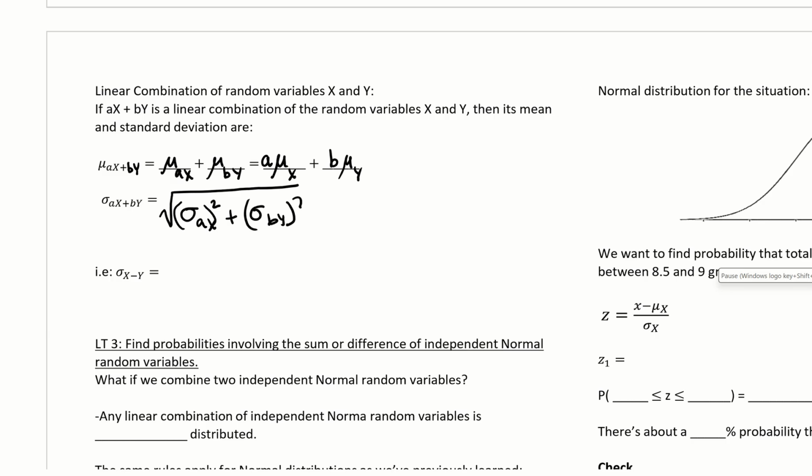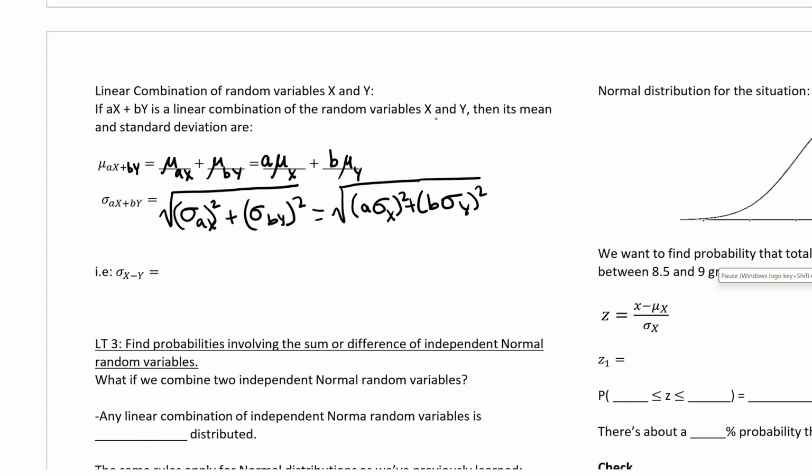We have to do the sum of those, just like we did earlier in the check. But then what does a do? Since a is being multiplied and b is being multiplied, remember that the standard deviation is affected by multiplication. So what we're going to do is simply multiply the a, multiply the b.